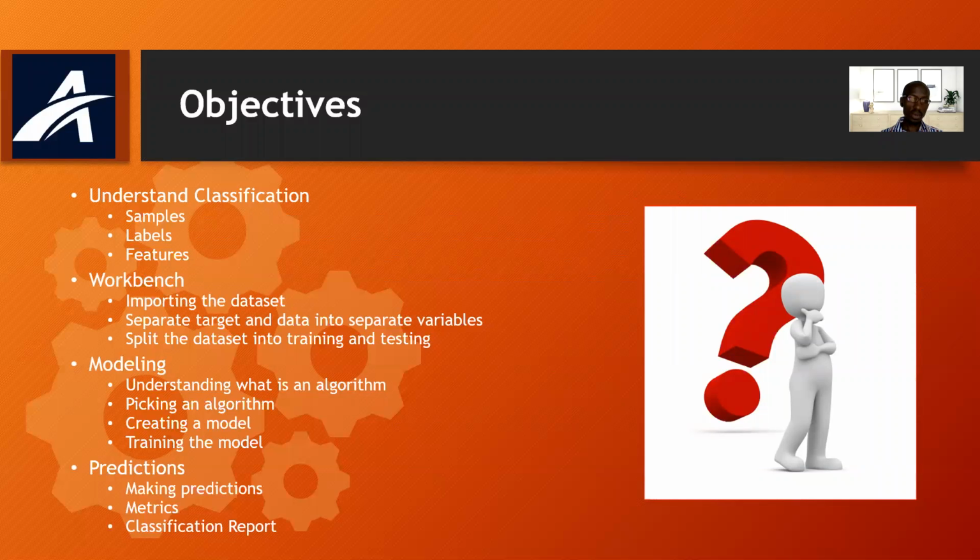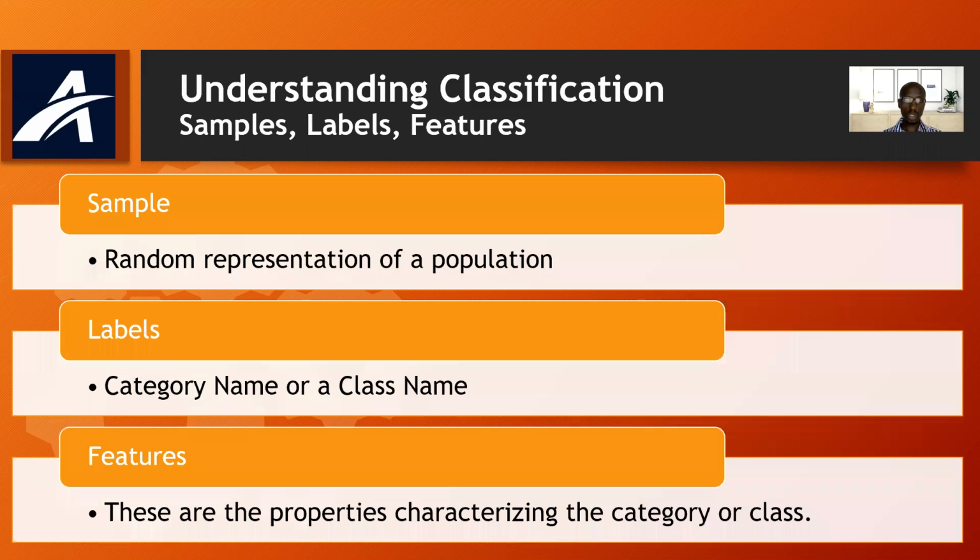Then we'll look at modeling: understanding what an algorithm is, how to pick one from several algorithms available through a library within Jupyter, creating a model, what that means, and training a model. And eventually, we're going to do predictions, how we make the predictions, and then we'll look at the classification reports.